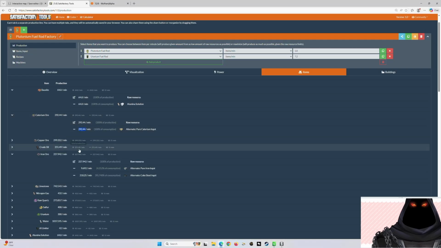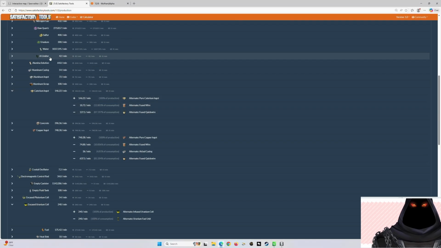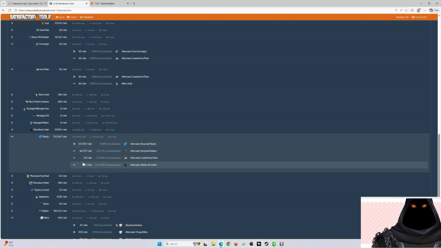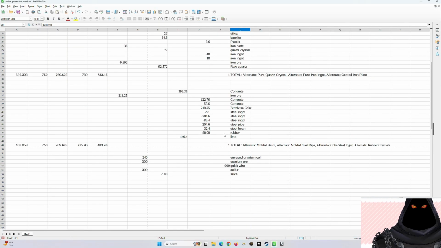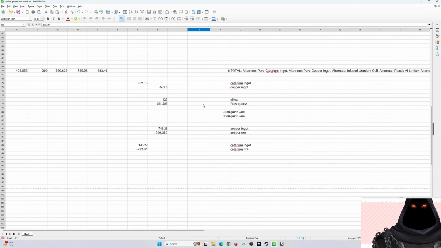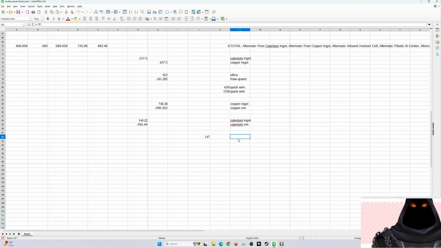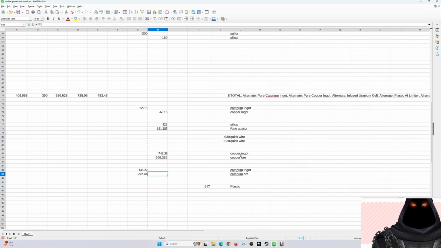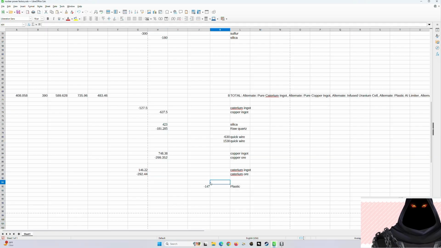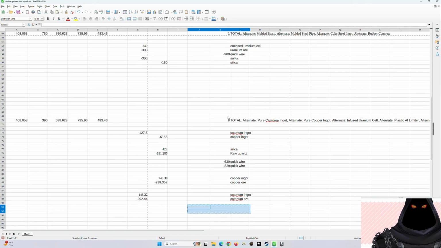So we're missing AI limiters. Where's plastic again? Plastic is on line 5. And we're going to use 42 of that. Okay, so I wanted this together.